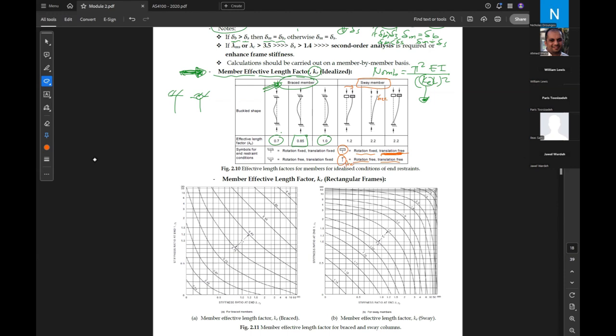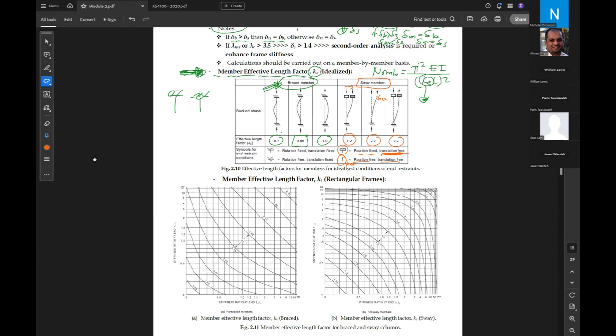If the bottom end is fixed and the top end is rotation fixed, translation free, take K as 1.2. If it is hinge and the top end is rotation fixed, translation free, take it as 2.2. If fixed at the bottom and free at the top, also 2.2.